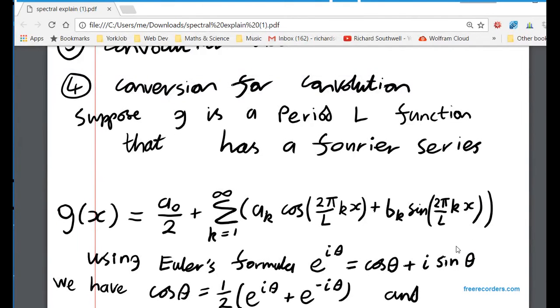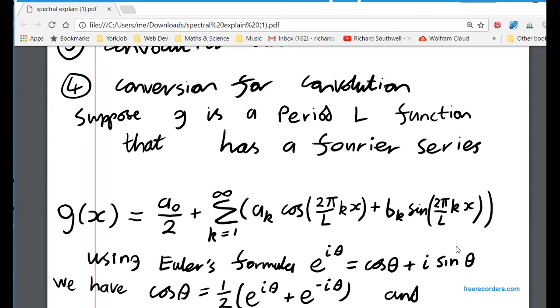So let's suppose that g is a period L function. We're going to do this quite a lot, and as we go on and think more about numerical methods, you might start to wonder how this assumption cramps our generality.